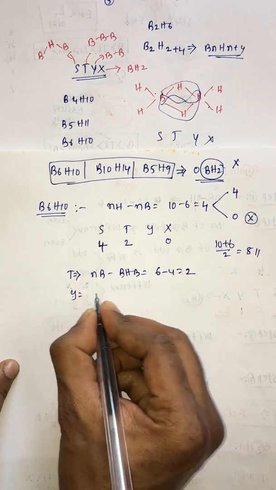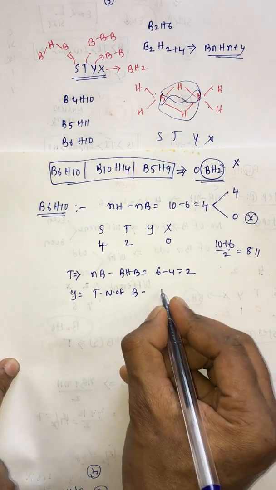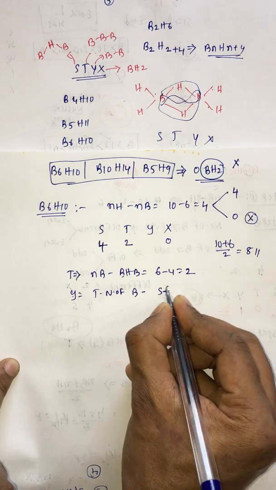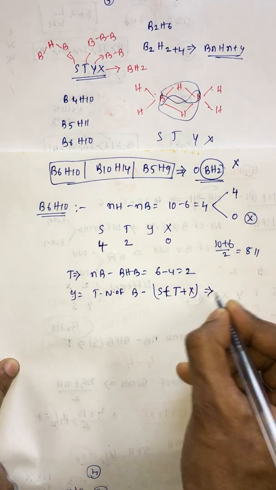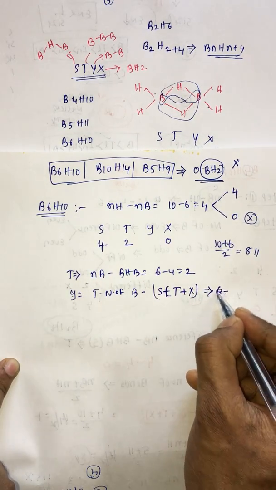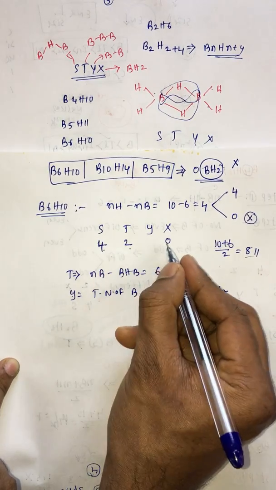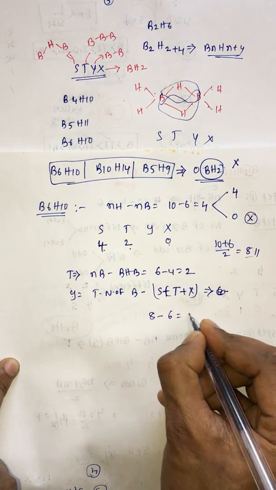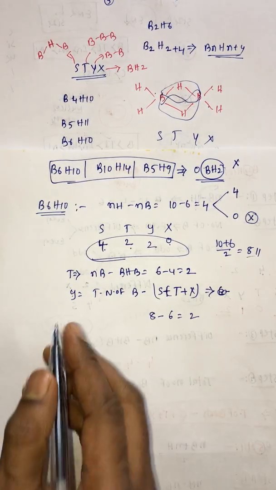Now Y equals the total number of bonds minus S plus T plus X. The total number of bonds is 8, minus S, T, X together, which is 6, so Y is 2. This is the STYX number for B6H10.